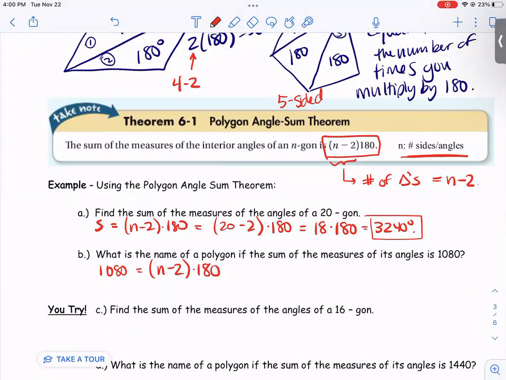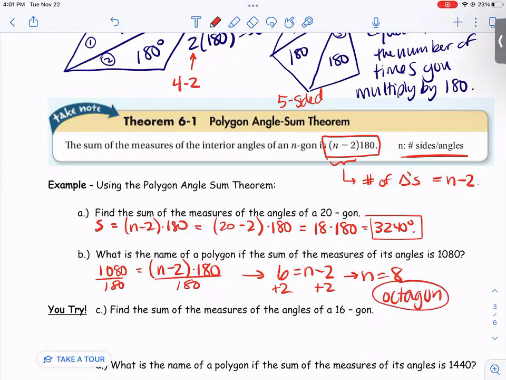If I were to solve for n, I can divide both sides by 180, which leads me to 6 equals n minus 2, and I add 2 to both sides, n equals 8. So if I have an 8-sided shape, this is an octagon.